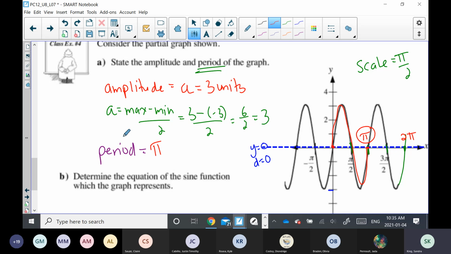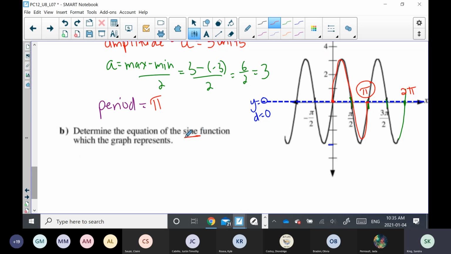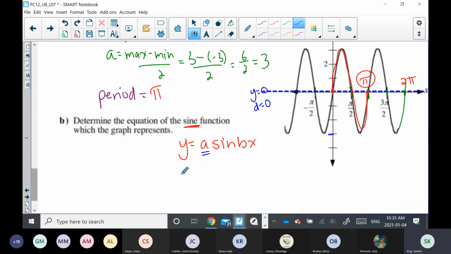Okay, so that's A. B, determine the equation of the sine function. So it's y is equal to A sine b of x. I know my A value was 3. My B value, because we're in radians, and remember if it's sine or cosine, it's always 2 pi divided by the period.